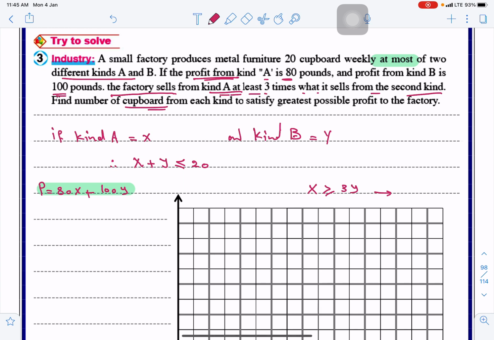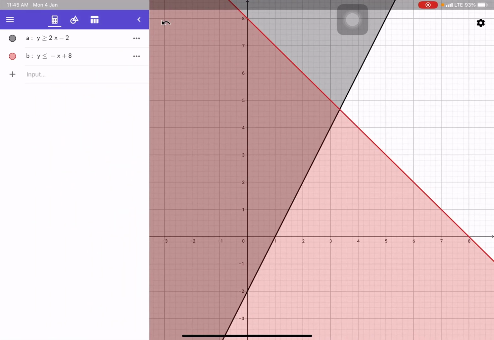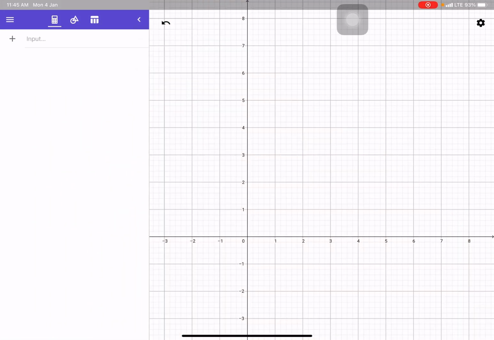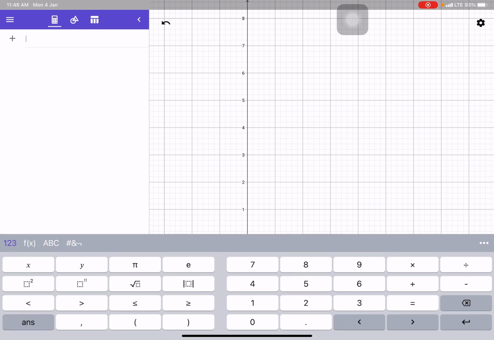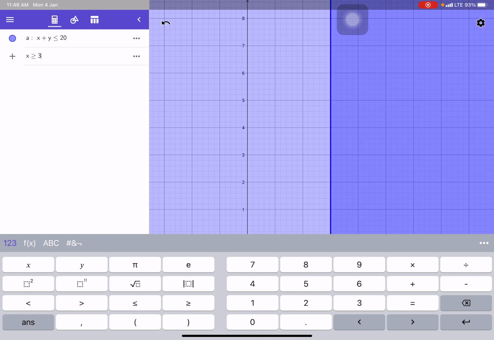By using GeoGebra, represent the two inequalities. In GeoGebra, the first inequality, X plus Y less than or equal 20, and the second inequality, X more than or equal 3y.